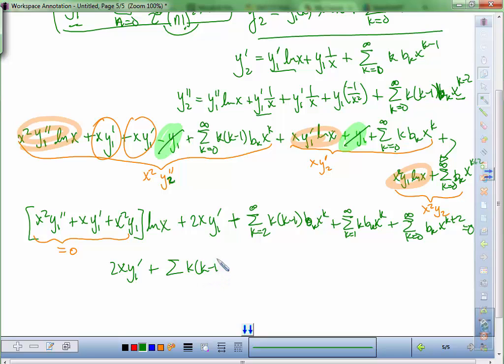K minus 1, bk, x to the k, plus this sum, which starts at 1, of k, bk, x to the k, and then this one, after a shift, can start at 2, and we have bk minus 2, x to the k. So it's the same as the one we had before. The only difference is we have this other term out here.